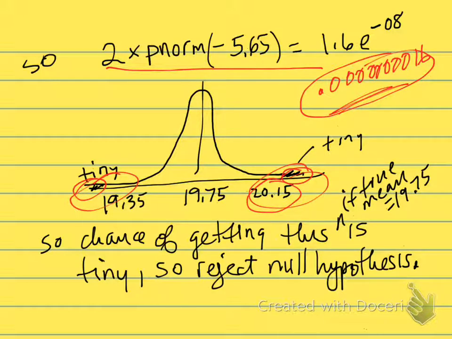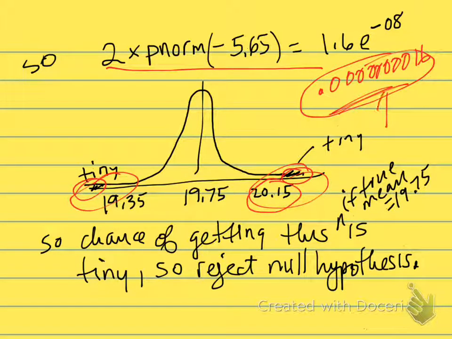But this is how we'd go about doing the hypothesis test, since we have a very simple hypothesis test here. We think that the population mean is 19.75. Our sample of 200 students found a mean of 20.15.